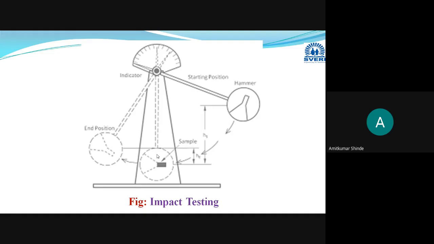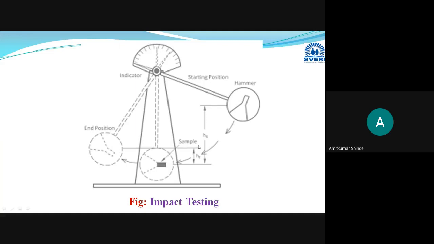One end will be free and the other end fixed, and the hammer impact will be applied on the free end. On the free end, it will get subjected to tension. Tension will be created there due to the impact on the free end, as one end is fixed and from the other end the impact is created by the hammer.